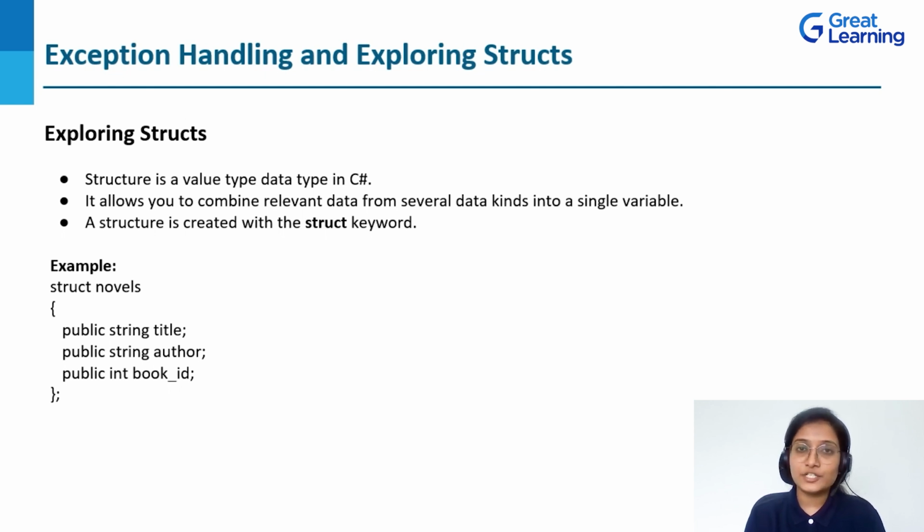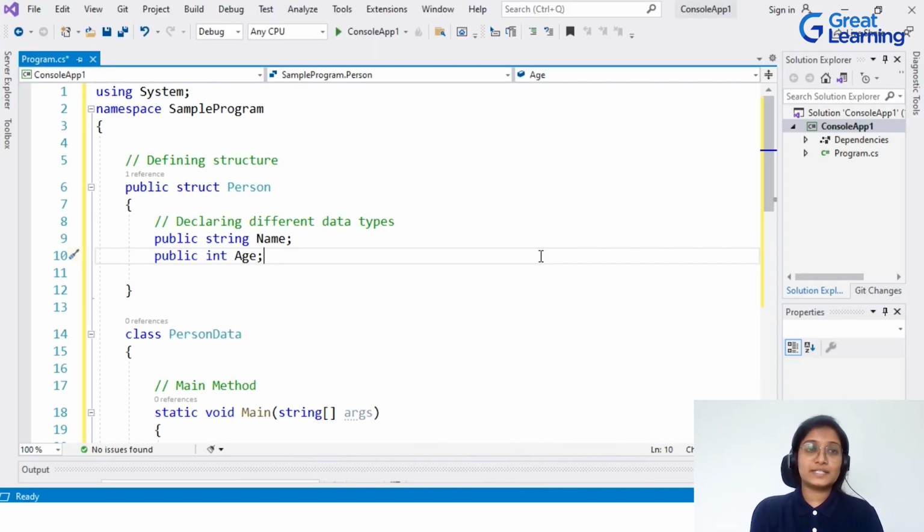So quickly we shall see an example of structure in Visual Studio IDE with C# programming. So we should start with the program. I have named the namespace as sample program because I'm showing you a sample of every concept. Apart from that, we have to concentrate on defining the structure. I have made sure that I've put up comments wherever it is necessary for anybody to understand, right?